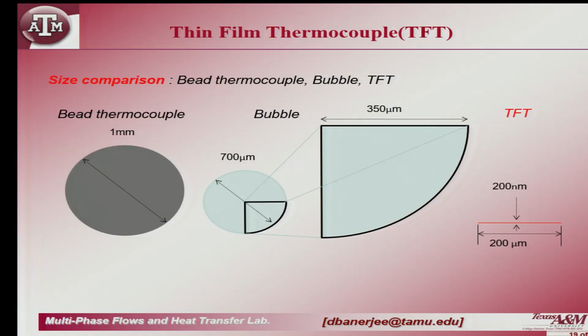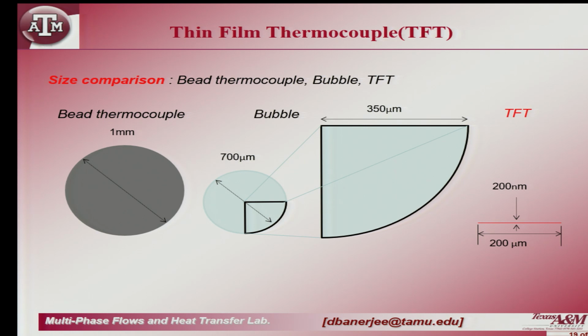Okay. So, now what do I mean by the nano thermocouple? If I take a typical refrigerant vapor bubble, because these experiments that we were doing were using this refrigerant called PF5060, it also goes under another trade name called FC72, and it is supposed to be a substitute for Freon. Okay. Now, if I look at a typical vapor bubble, it is about 700 microns in diameter. Okay. And so, that is your vapor bubble shape. Your typical bead thermocouple is bigger than your vapor bubble, it is about a millimeter in diameter.